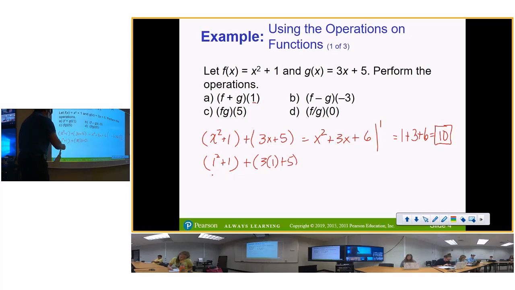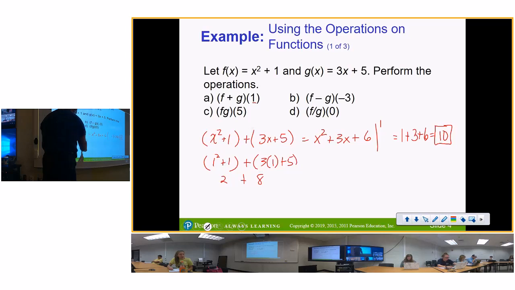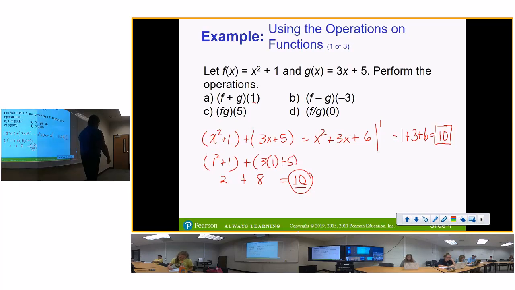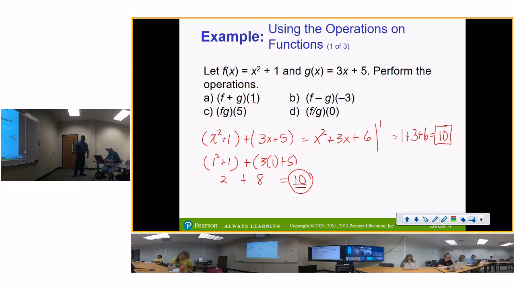What's 1 plus 1? 2. Thank you. What's 3 plus 5? 8. So I got the same answer. So you can do it algebraically or you can do it numerically, and you still get the same number.